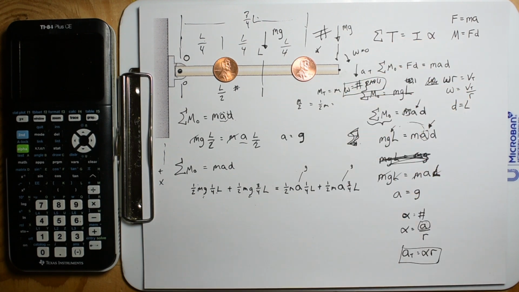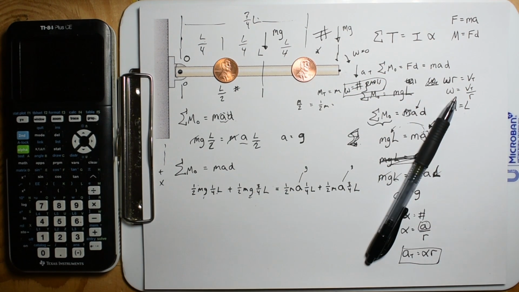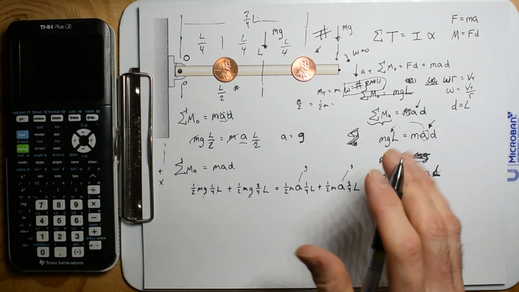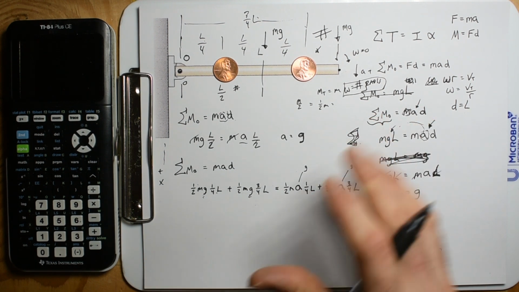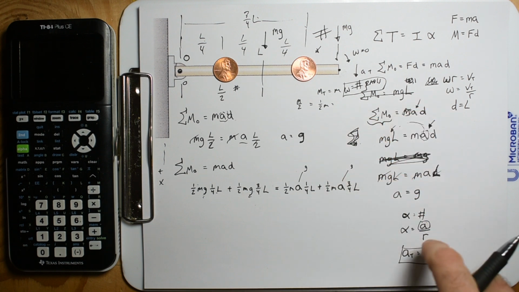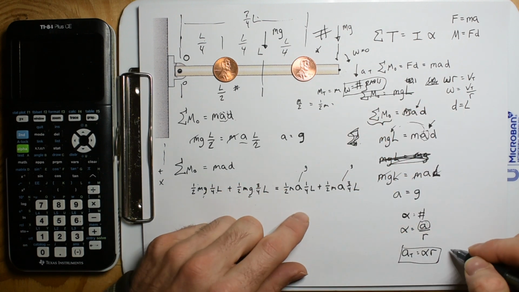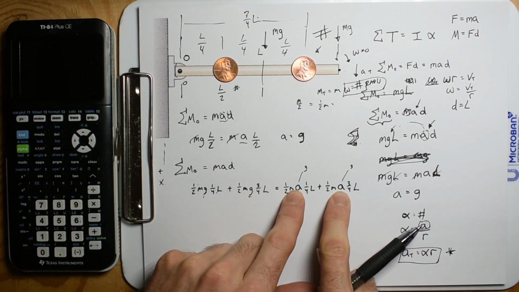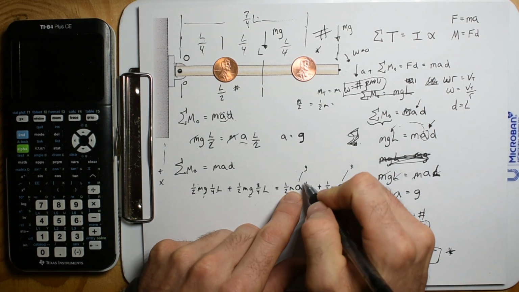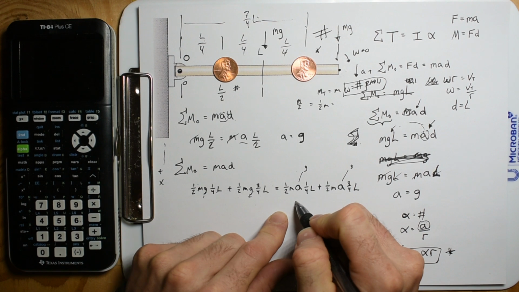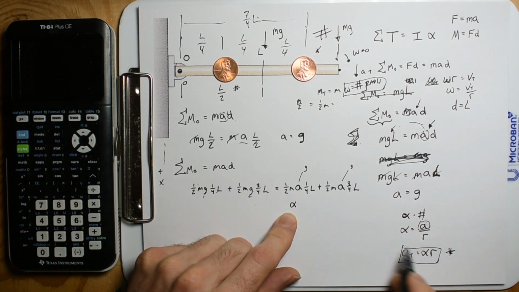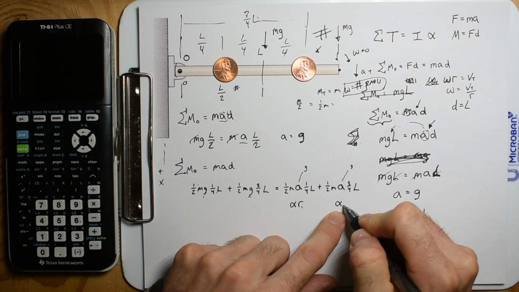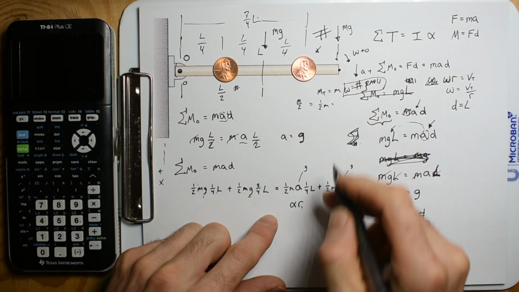I was about to show you the way that I did it, and that might be for another video. But it's fascinating that we can actually put the acceleration in here. Each of these has a different radius, so we could put alpha r, the radius of the first penny, and then alpha r, the radius of the second penny.